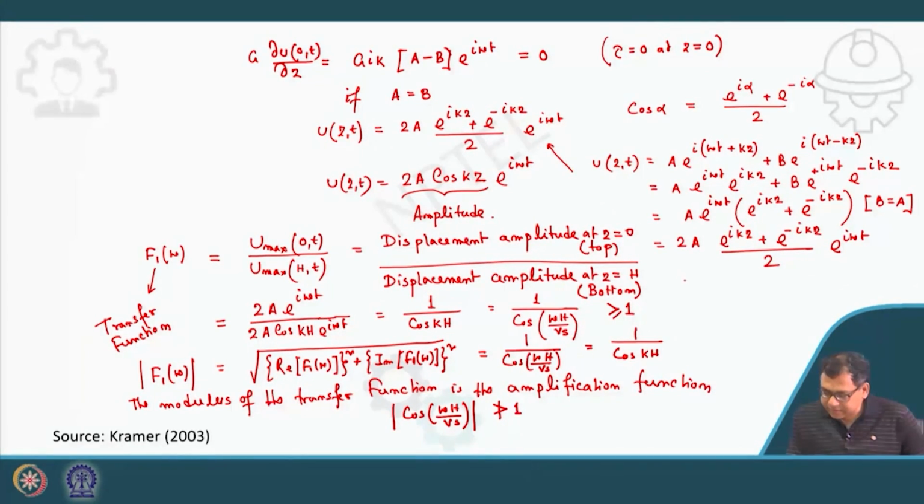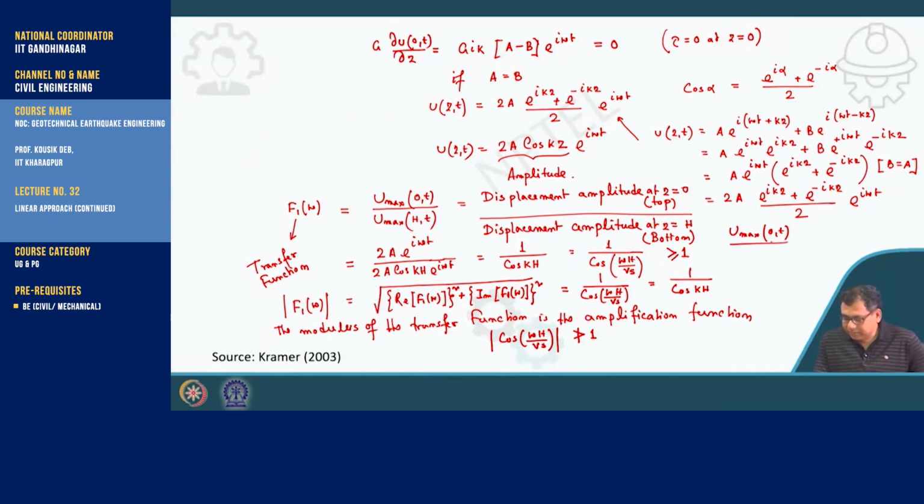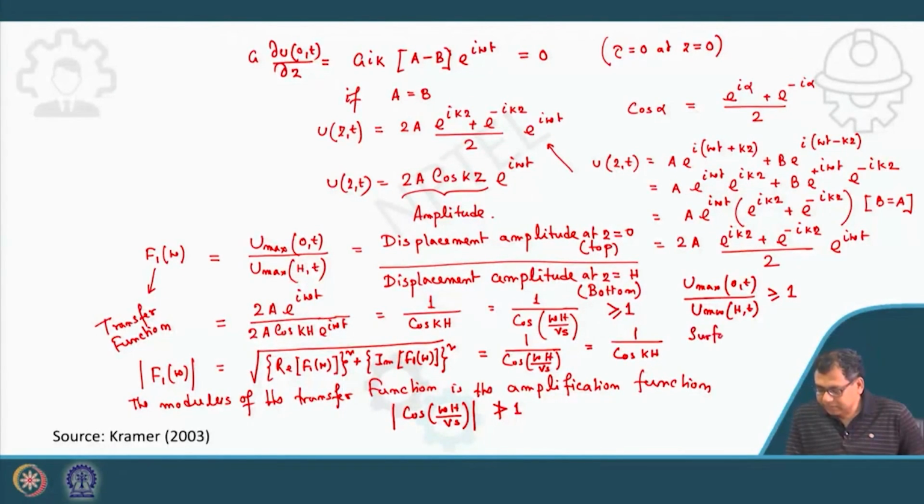So from this I can write that u max at 0, t divided by u max at h, t is always greater than or equal to 1, which means that my surface displacement is always greater than or equal to the bedrock displacement.